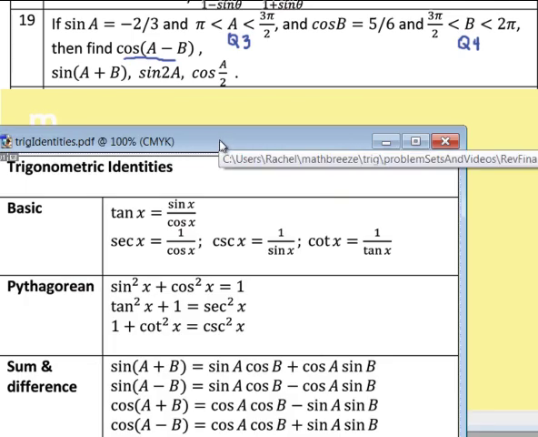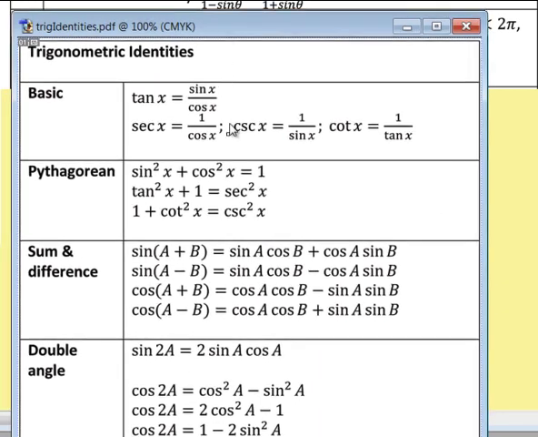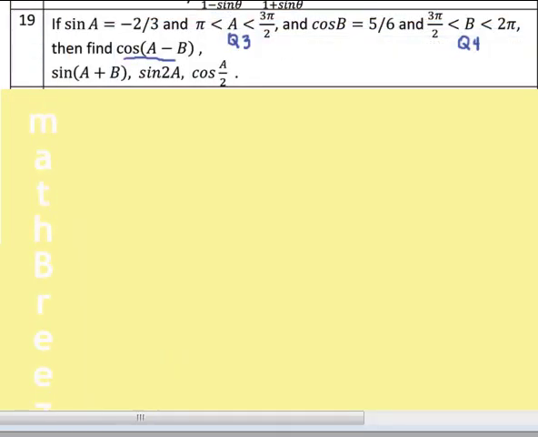Okay. Now we're going to look at sine 2A. So we have this double angle formula. Sine 2A is 2 sine A cos A. So let me write that. Okay, so let's fill in. We have, let's see, sine A is minus 2/3.